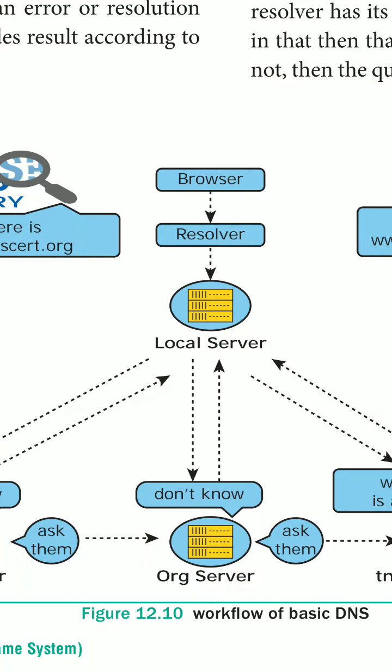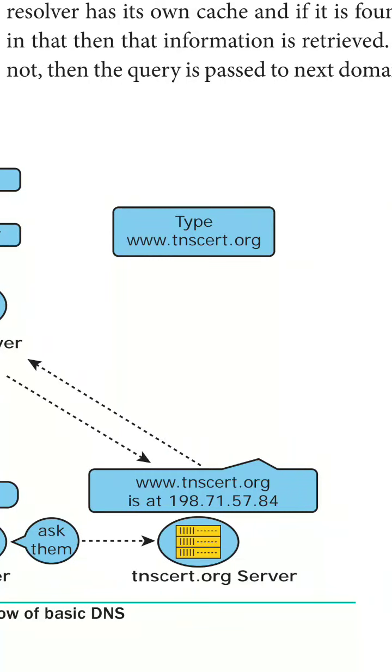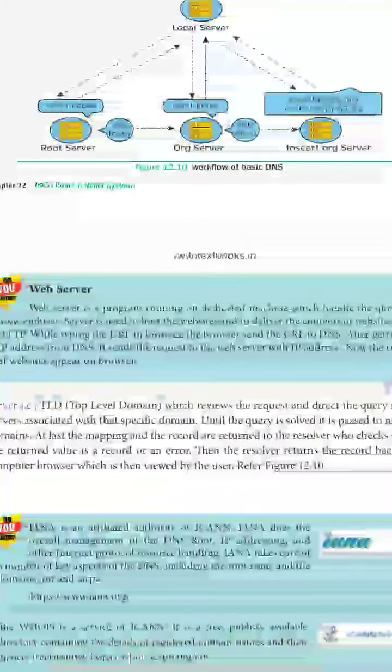If the domain name is not present in the org server, then it will move on to the next root server. But most probably it will be found, since we are searching for tnsert.org, so it will be available compulsorily under the org domain name system. So these are all the important points to be considered while connecting to the DNS server.